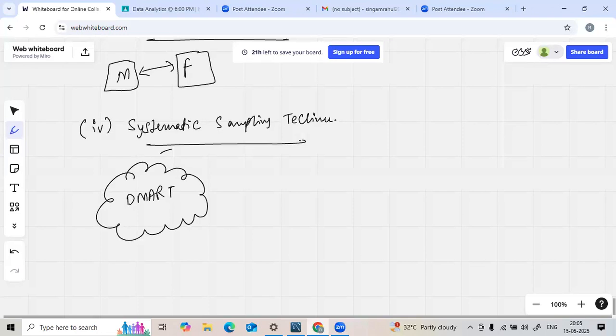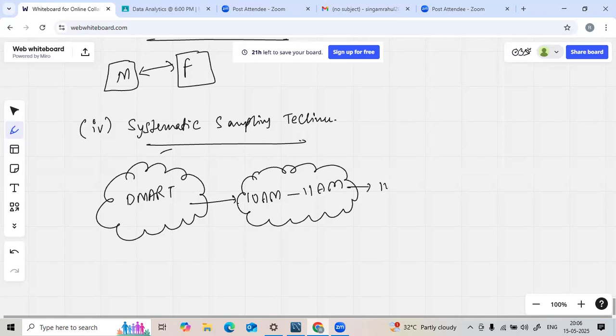and you just want to take a sample out of your population. Say, for example, you want to perform a survey on all the customers who are entering DMart between 10 a.m. and 11 a.m. in the morning, a one hour duration.